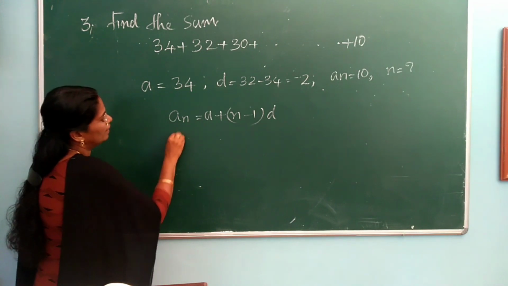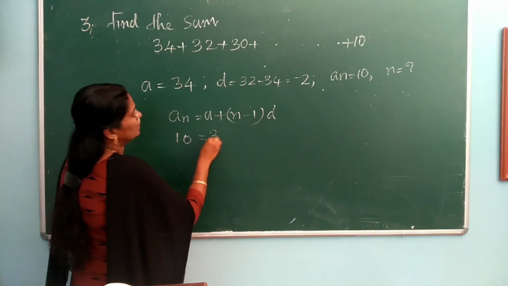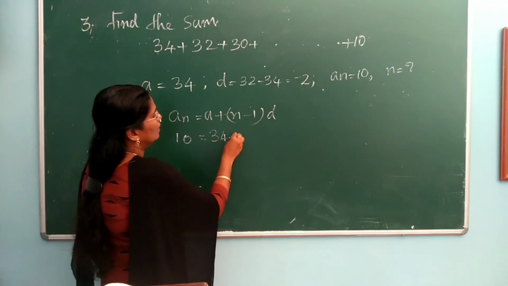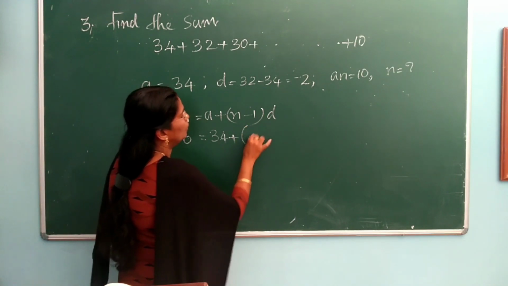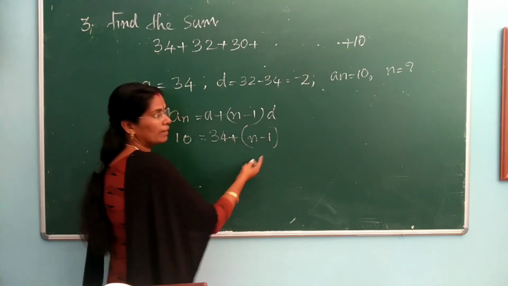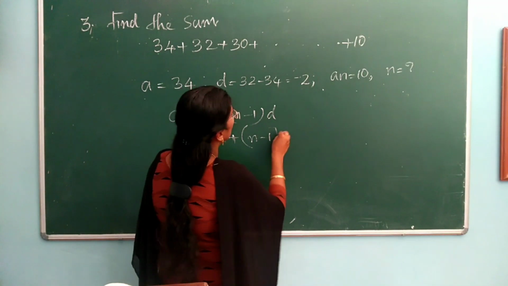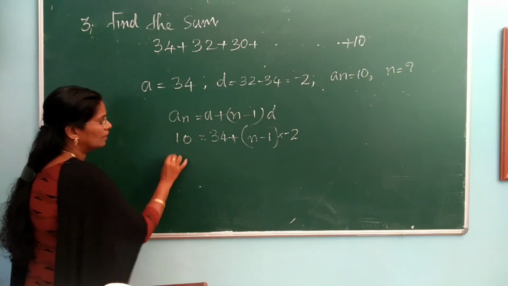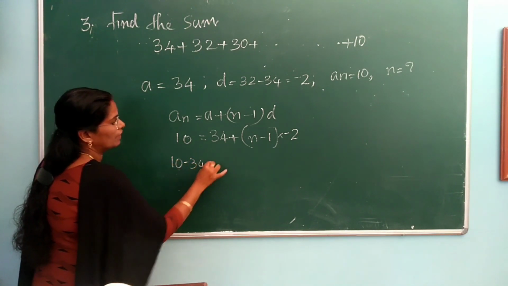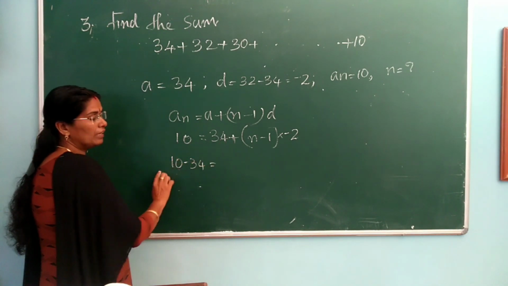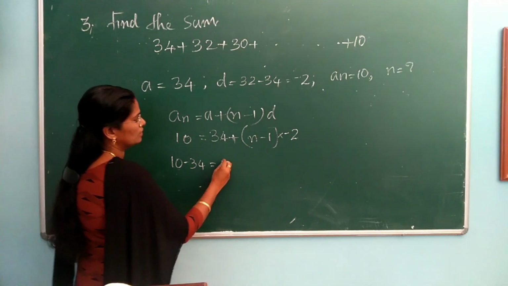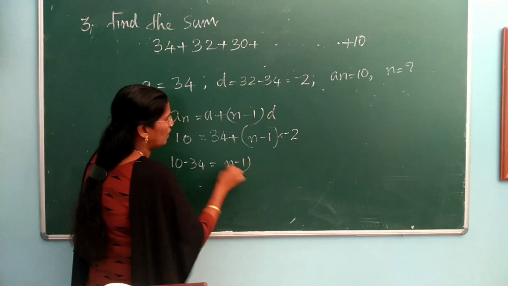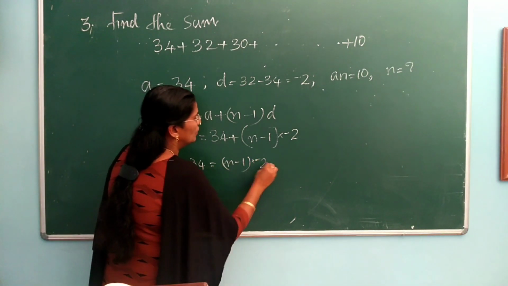What is an? 10. a is 34 plus n minus 1. We don't know n, so we are writing n minus 1 itself. What is d? Minus 2. What is the next step? First we are changing this 34 to the left side. So 10 minus 34 is equal to n minus 1 into minus 2.